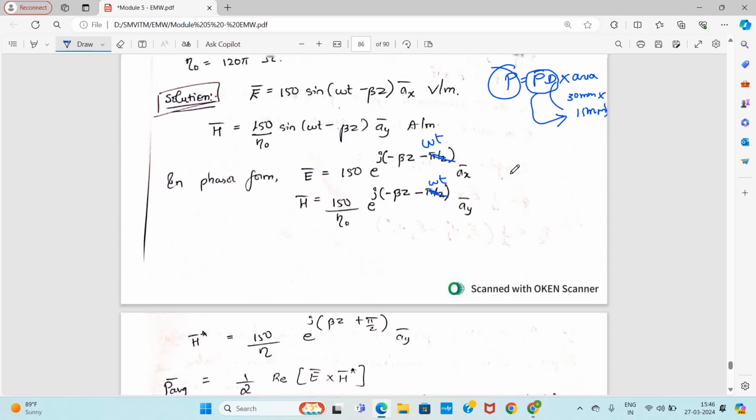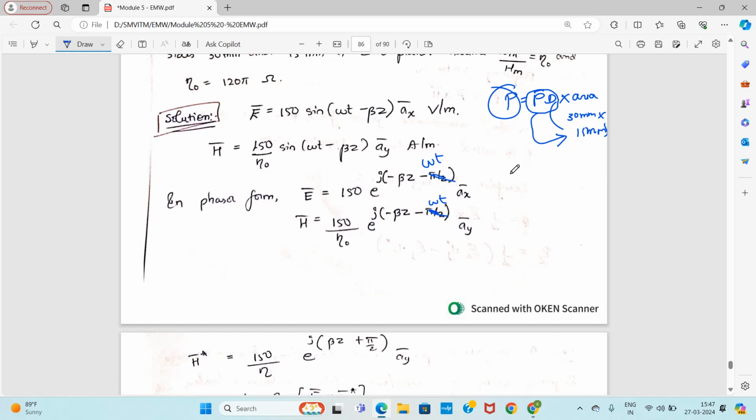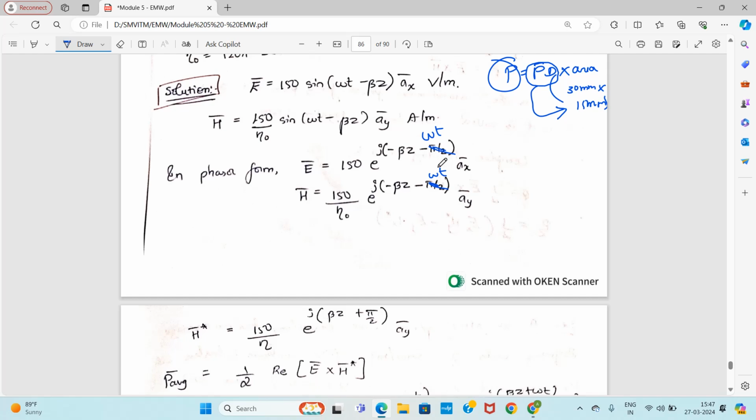The direction is going to be positive z direction, so it will be minus j beta z. And omega t is also written as minus j omega t because it is a sine term, right? For sine, you're going to just convert it into polar form. It will become e power j(minus beta z minus omega t) in ax direction.